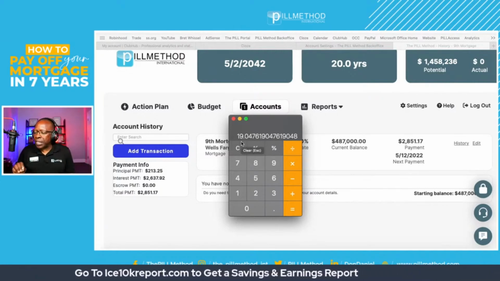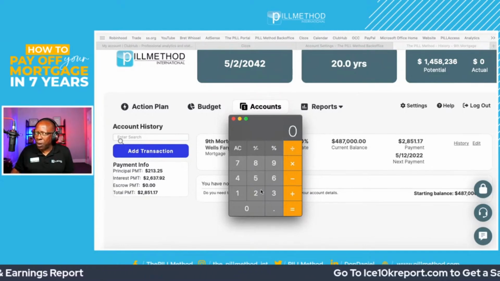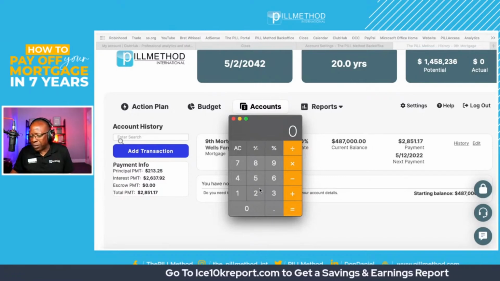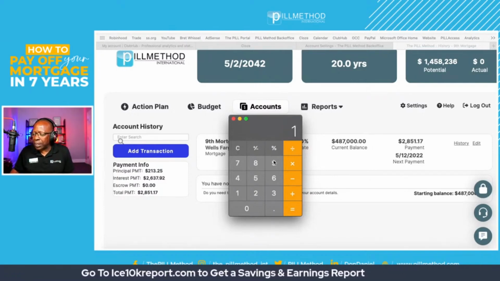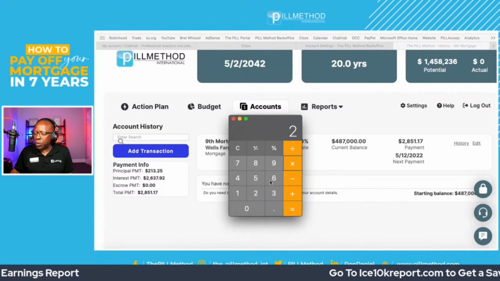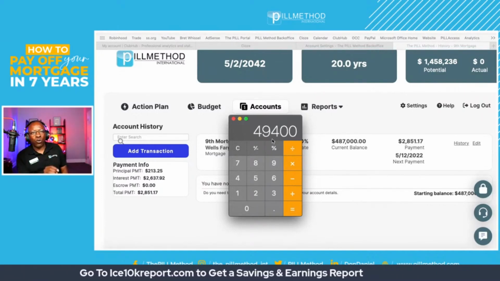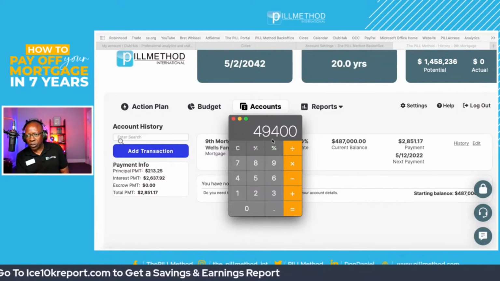So if we take the 19 times, that means you can knock off about 19 mortgage payments and the interest on those payments. So that's 19 times. We're going to round this off to about $2,600. 19 times $2,600 comes out to about $49,000.